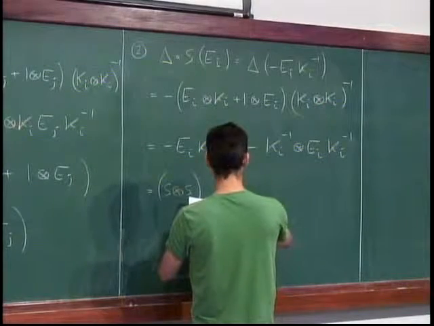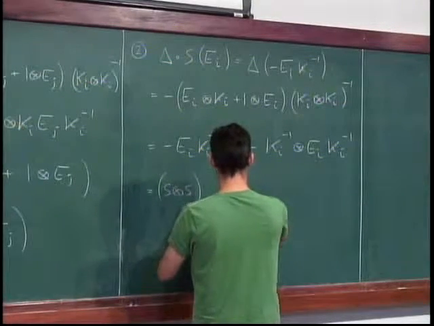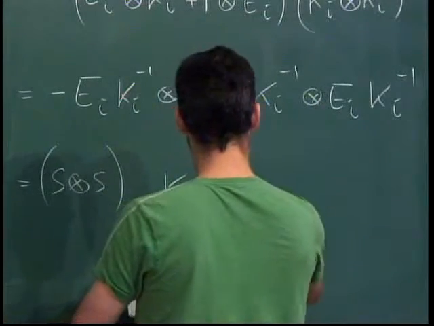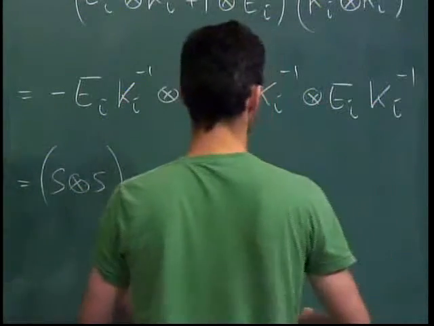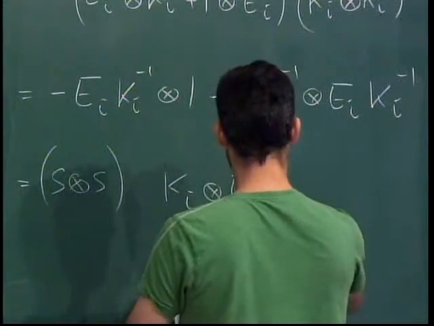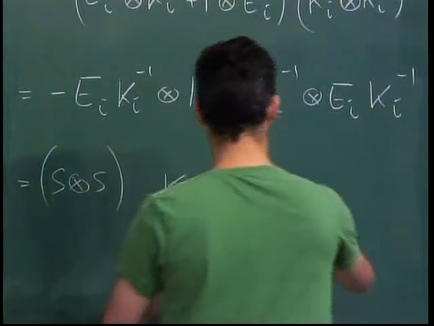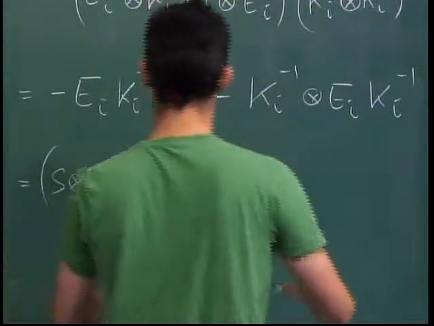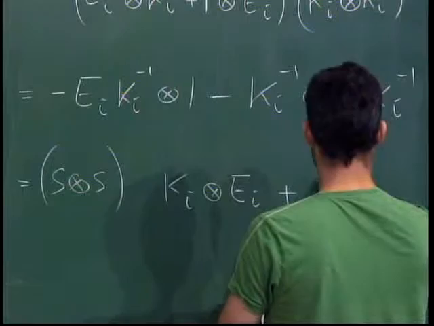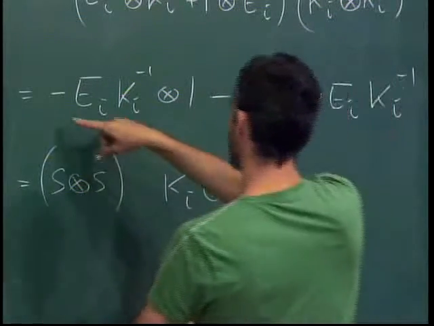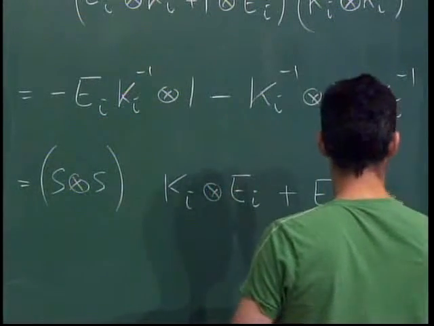So it's ki tensor, and that's the antipode of ei. And that's the antipode of ei, and that's just the antipode of 1.